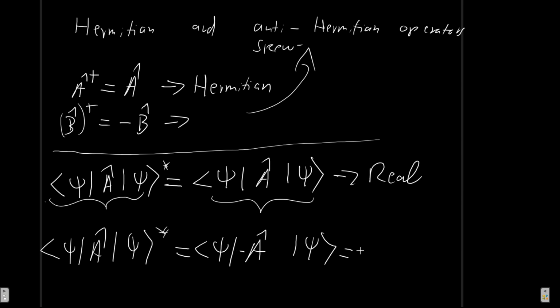So this means we're going to get minus the same number that we had previously. And what sort of number, if you take its conjugate, is going to be the negative of that original number? Well, that's going to be a purely imaginary number. So that's how we can tell that the expectation values of Hermitian operators are real and the expectation values of skew Hermitian operators are going to be purely imaginary numbers.